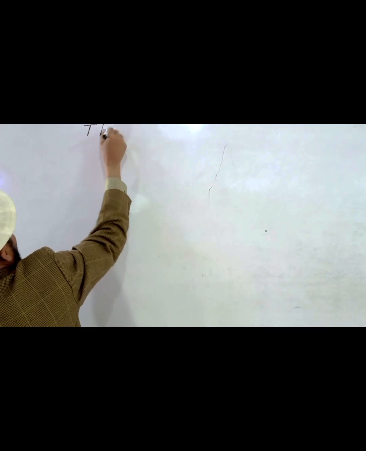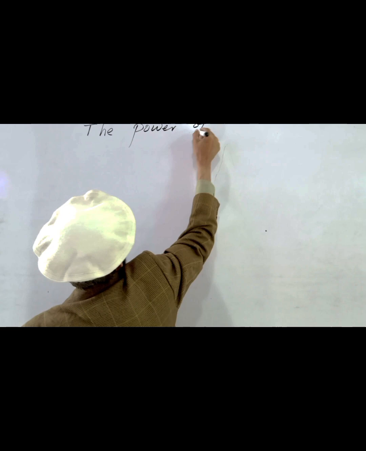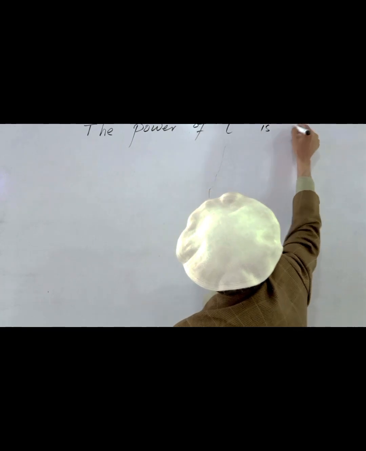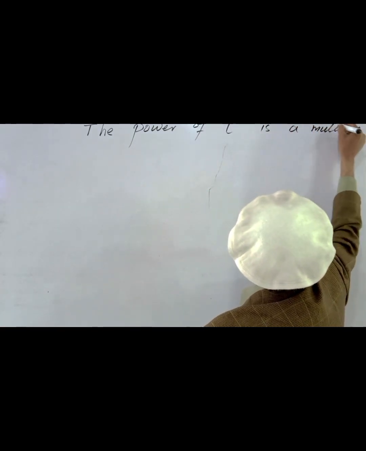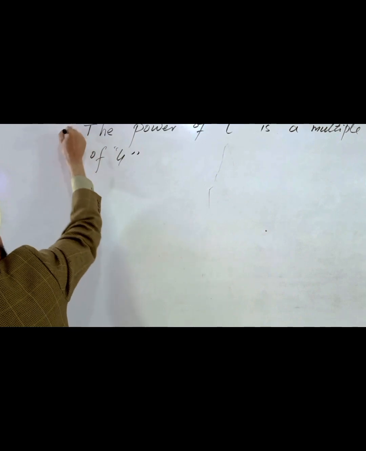The power of iota is a multiple of 4. How do we calculate this MCQ?